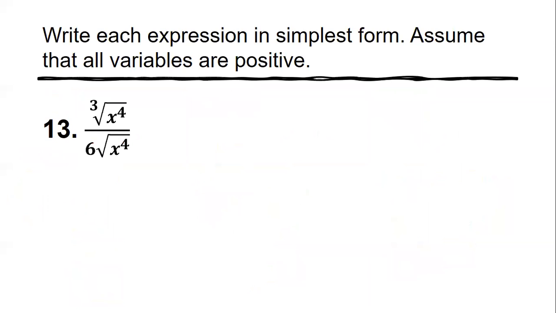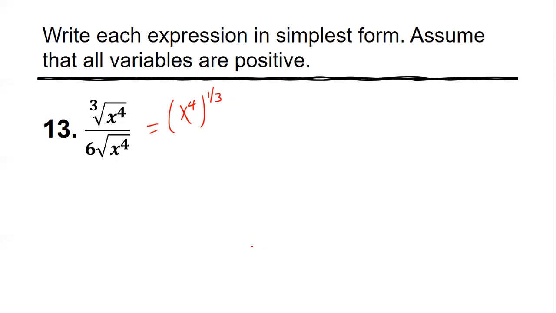All right, number 13, you're going to have to write it in because it's not on there. What if you start off as a radical? You're going to go backwards. You're going to convert the radicals into a fraction. So if my radical is the cube root of x to the 4, then this means that I have x to the 4 to the 1/3.